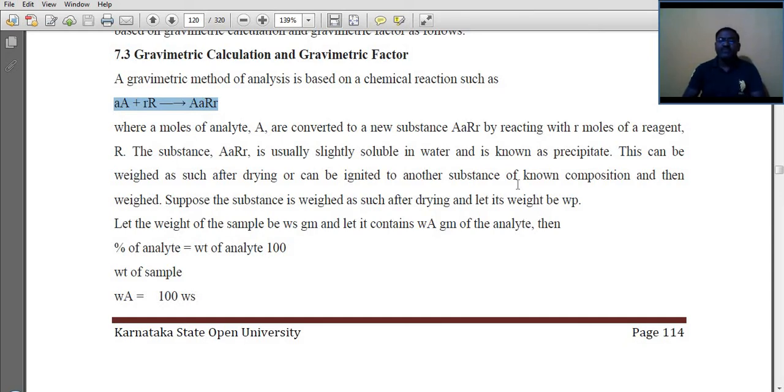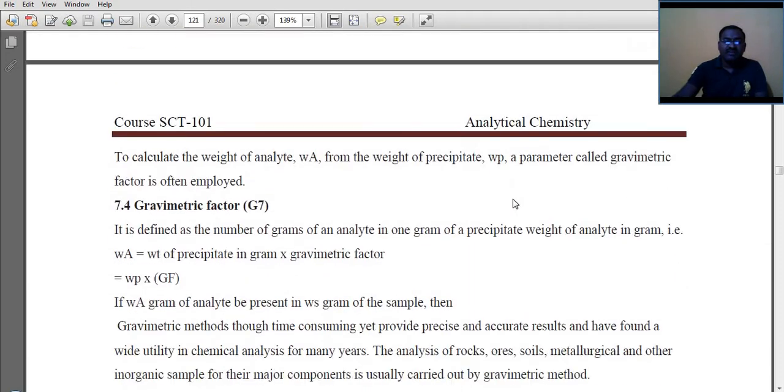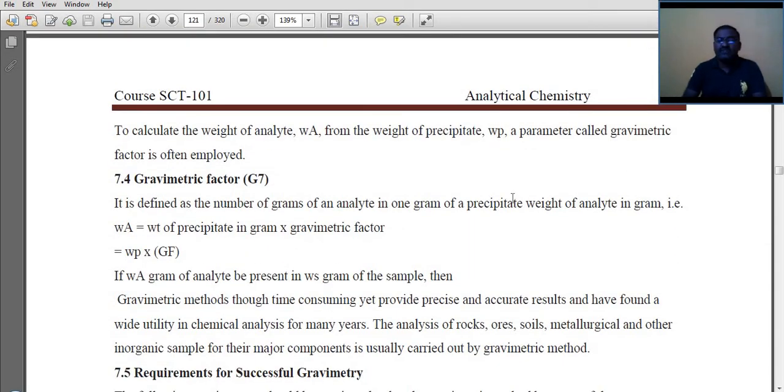First we find the percent of analyte, meaning weight of analyte times 100%. Next, to calculate the weight of analyte WA from the weight of precipitate, a parameter called the gravimetric factor is often employed.